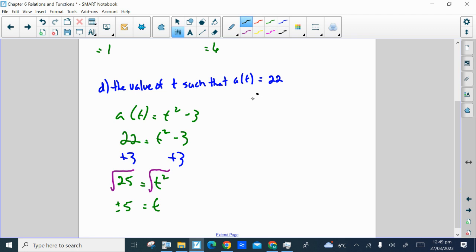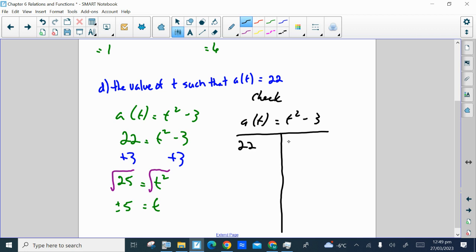So let's do a check here. A at t must be 22. We did something similar to this at the start of the year when we did our review of solving equations. We checked our answers. And that's all we're doing here. A at t is 22. So first let's check when t is negative 5. Remember, you're squaring both the negative and the 5.